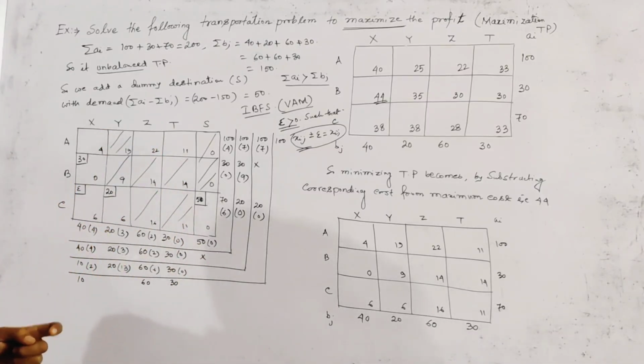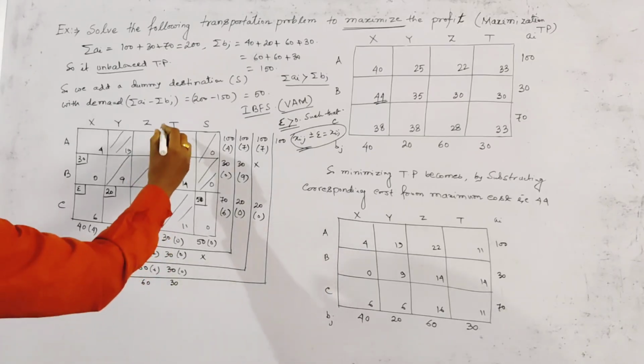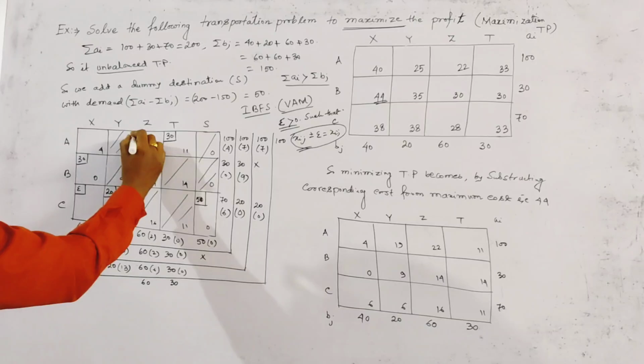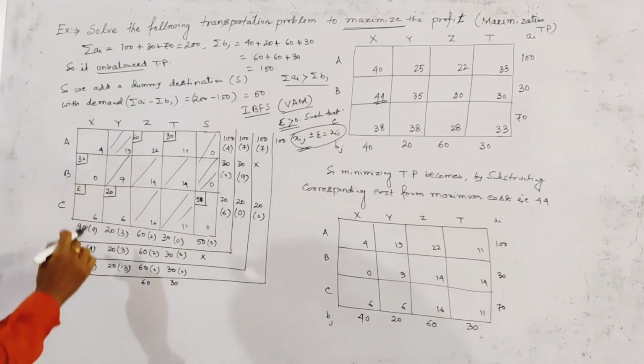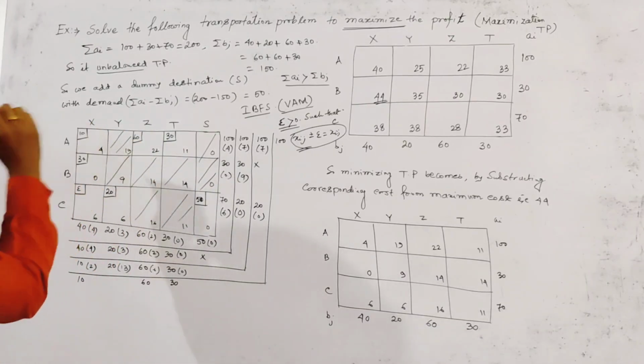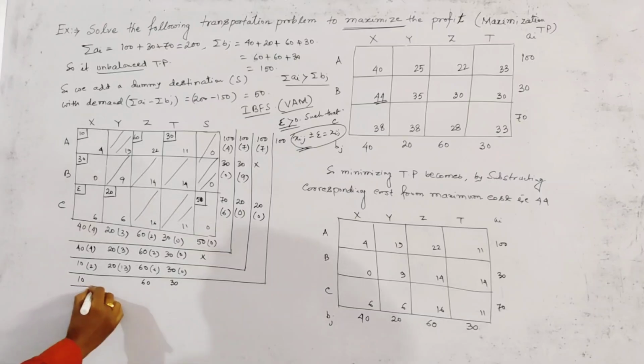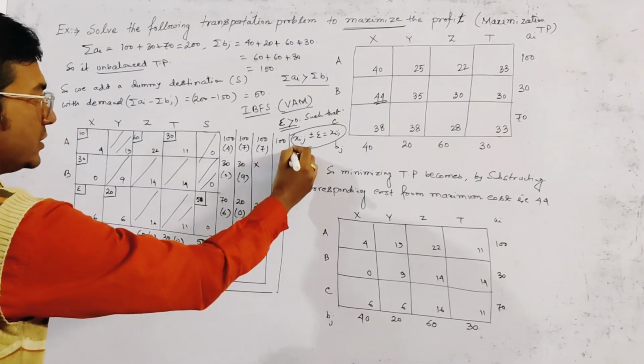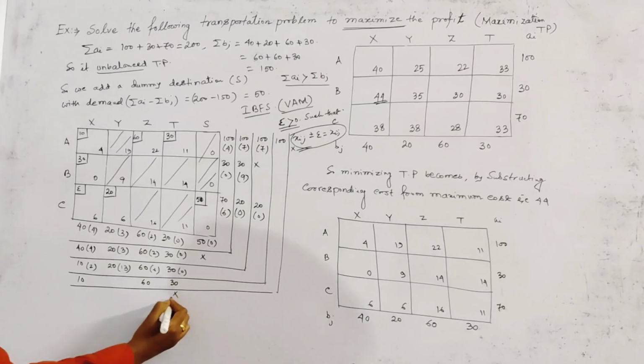So we put directly here 30 units, okay, here 60 units and here 10 units. And so the total demand is fulfilled and total capacity exhausted.